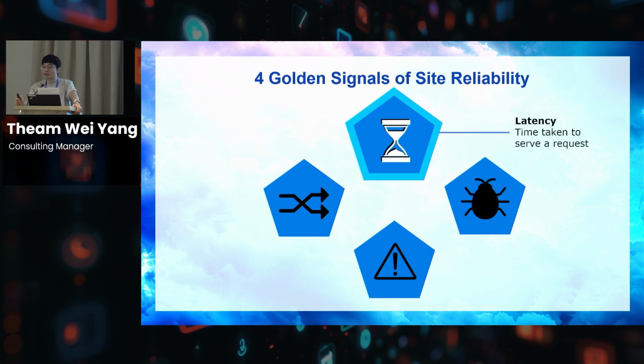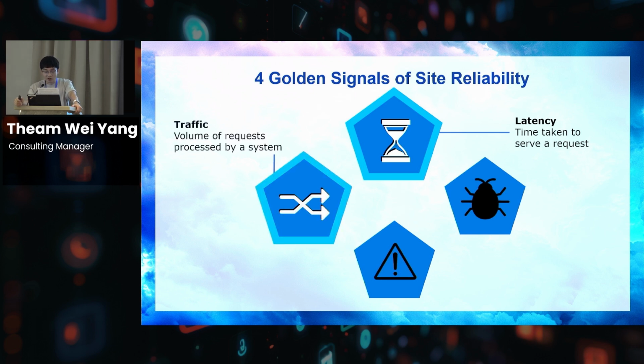latency, the time taken to serve a request. Usually we take the 95th percentile, and sometimes the average line for comparison. Then traffic, any surge of traffic which may cause the system to break, usually in the form of transactions per second, basically your TPS or your RPS. Then followed by saturation.